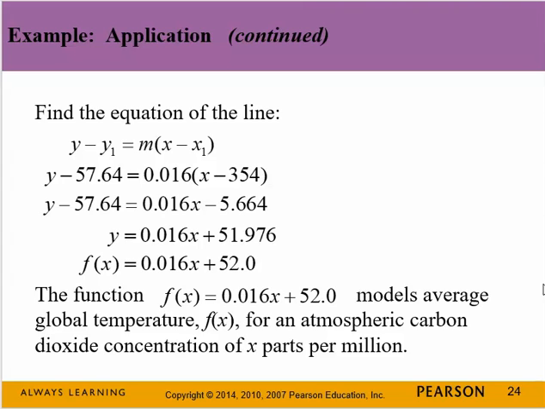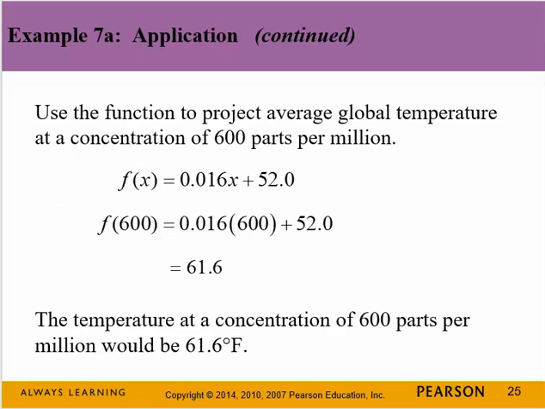Now, I could work through the computation here, but again, it's just figuring out and following what they said. So the function models the average global temperature for the atmospheric carbon dioxide in this many parts per million. Now in the last slide, they said, use the formula to project the average global temperature when the concentration is 600 parts per million.